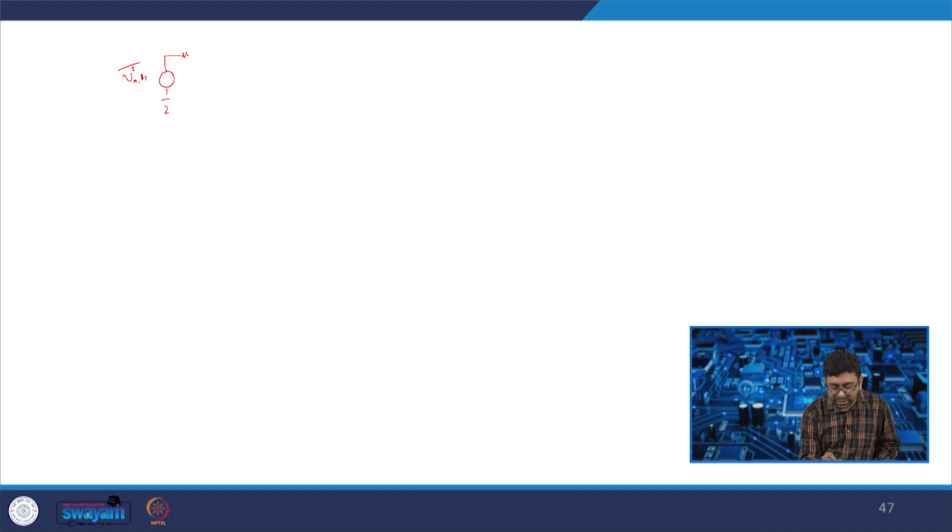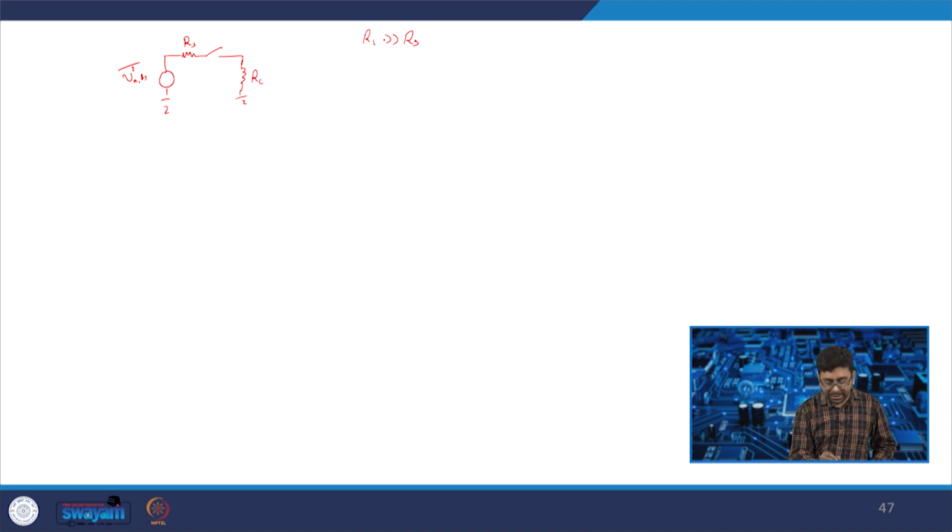We need to consider Rs, and here is a switch, which we consider an ideal switch, and this is RL. Here RL is much greater than Rs, that is what we are considering.